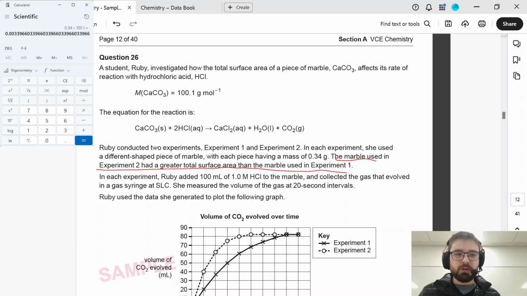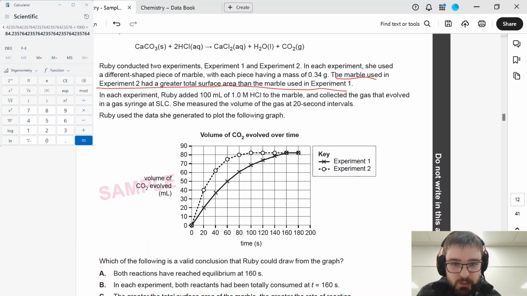And then, in terms of volume, we can multiply that by 24.8 to get the volume in litres of carbon dioxide that we expect to come out. Then multiply that by 1,000, and we would expect 84 mL if it was fully reacted. And that seems to be about what we're getting. I would expect that line to be slightly higher. So 84.2, I'm just going to write that down.